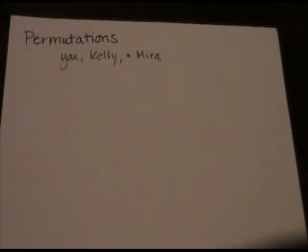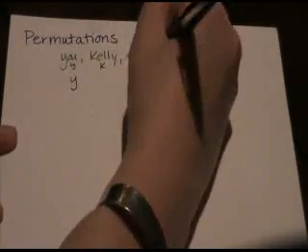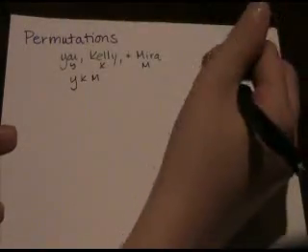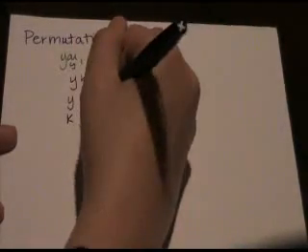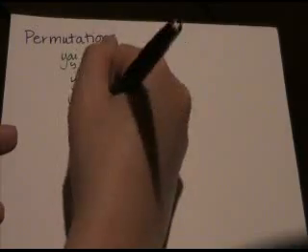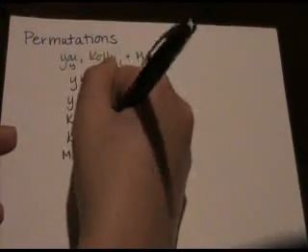So, to do this, you could still make a list. That would absolutely work. And here's what a list would look like. You'd say, okay, it could be you, and let's go ahead and abbreviate again. You, Kelly, Mira. It could be you, Mira, Kelly. Or what if Kelly was first, and then you, and then Mira? Or Kelly, Mira, and you. Or Mira could be first, with you, and then Kelly.